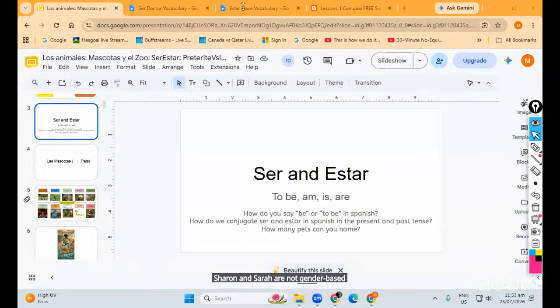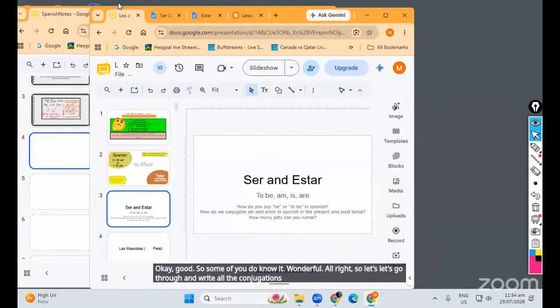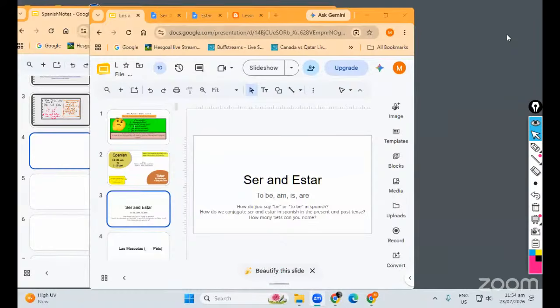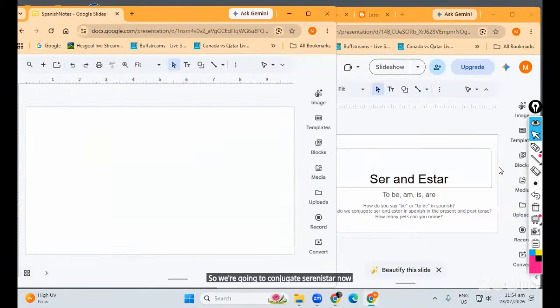They have to do with what you're saying, is or are. Okay, good. So some of you do know it. Wonderful. All right, so let's go through and write out the conjugations. So we're going to conjugate Ser and Estar now, and we're going to do them one at a time.